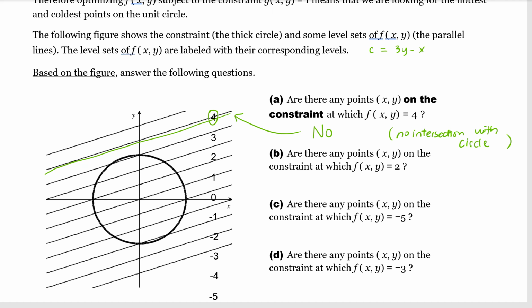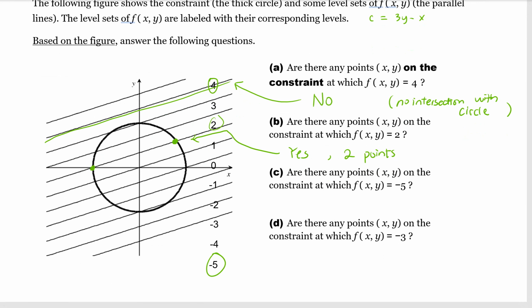Part B, are there any points on the constraint at which f of x y equals 2? Well, 2 is right here. So yes, we have this point and this point. So here we have 2 points. Part C. Are there any points on the constraint at which f of x y equals minus 5?